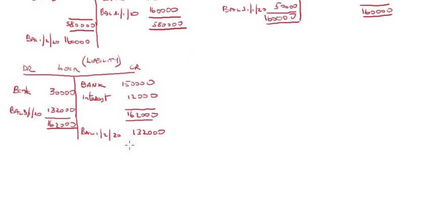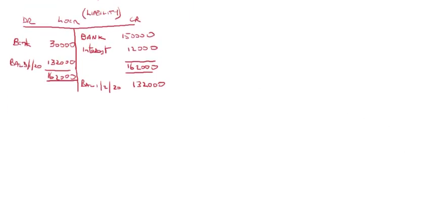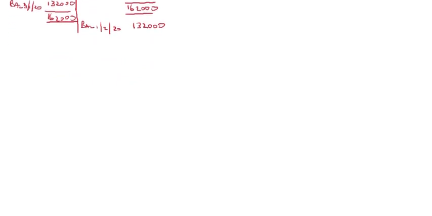Okay, well now we're ready to do our balance sheet. Okay, let's do the balance sheet. So we go over here and we bring it down. So what color will we use for this? Okay.